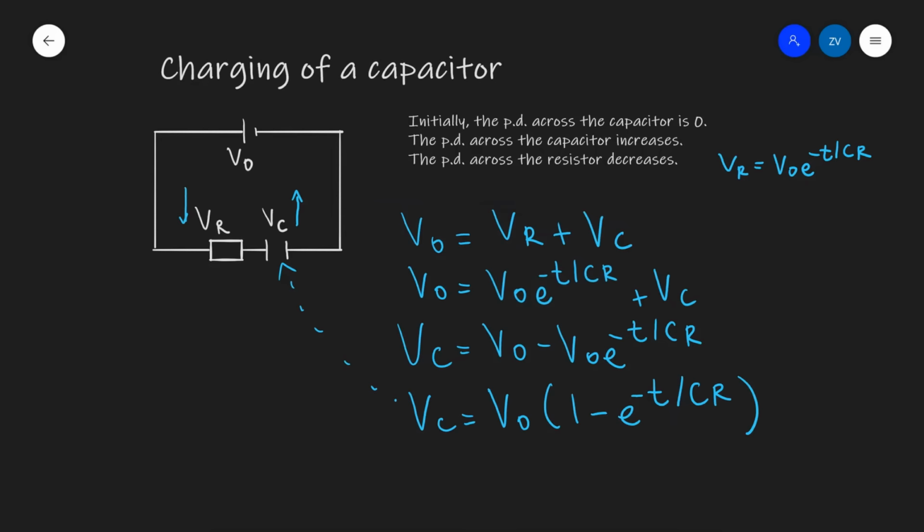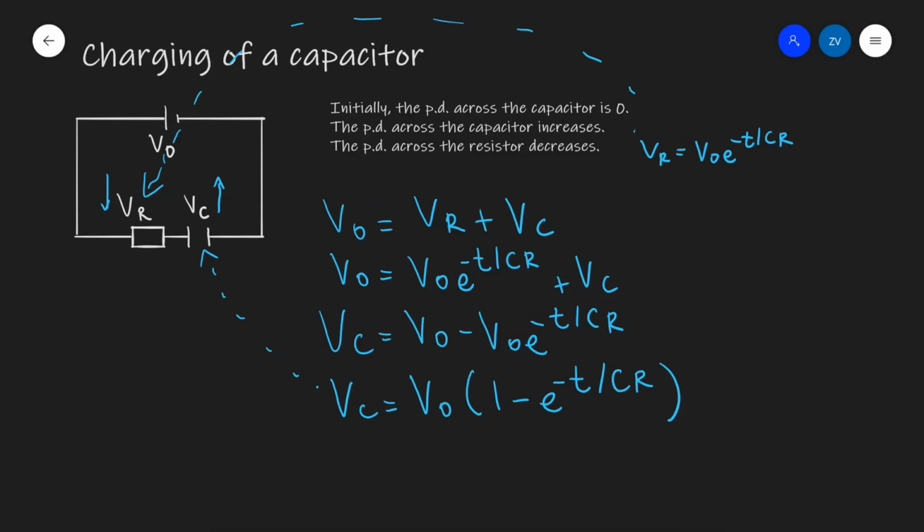The formula for the PD across the resistor is given here. The same formula also applies for the charge across the capacitor, because Q is equal to CV. So what we can write over here is that Q across the capacitor will be equal to Q0 times 1 minus e to the minus t over CR. This will give us the charge across the capacitor at a time t.